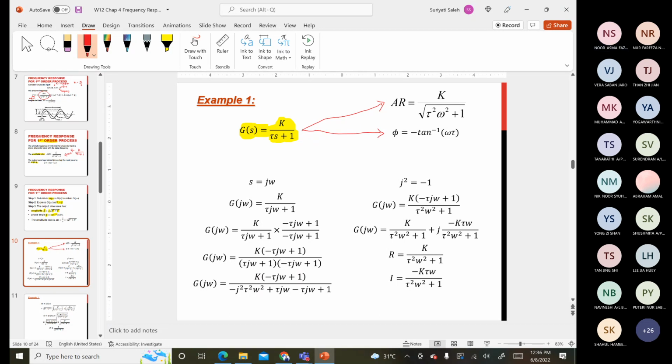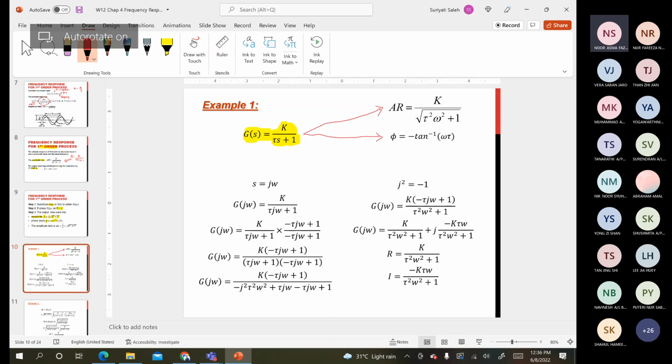Note why we have the amplitude ratio and the angle for the frequency response: because the sinusoidal output has the peak. When you see the peak, the oscillatory, it has the increment. How big is the increment? What is the magnitude of the increment? It is determined by the amplitude ratio.